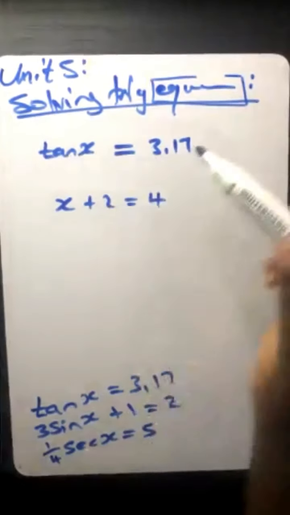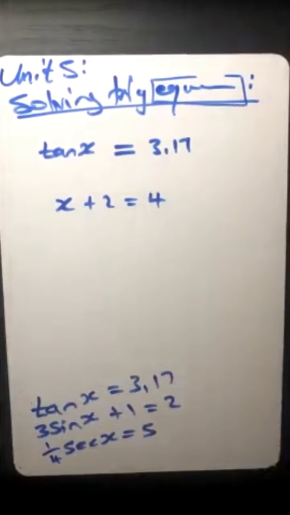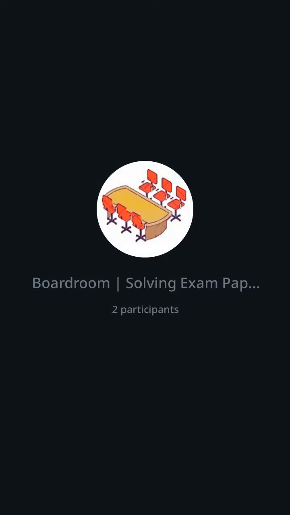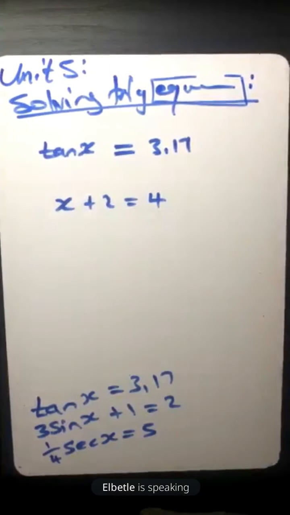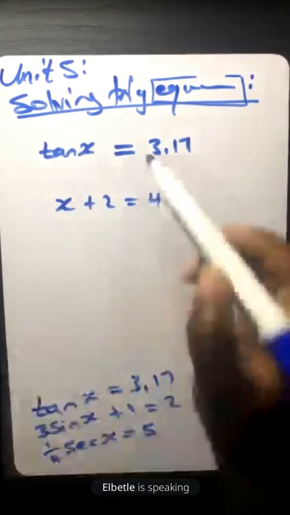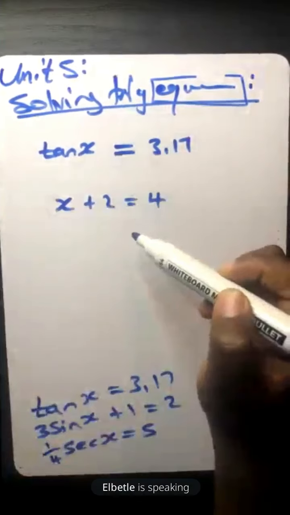So are both of these equations, LB, and why? Yes. Because they both have equal signs, one to the left and one to the right.